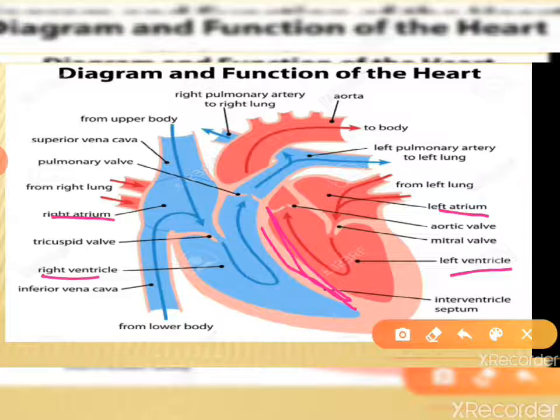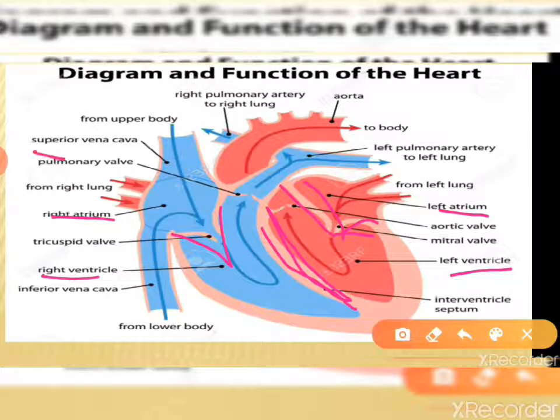There are valves present between atrium and ventricles. These valves prevent the backflow of blood during contraction of the heart. The right hand side receives impure or deoxygenated blood from the whole body through the vena cava.